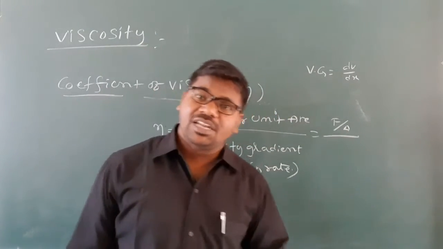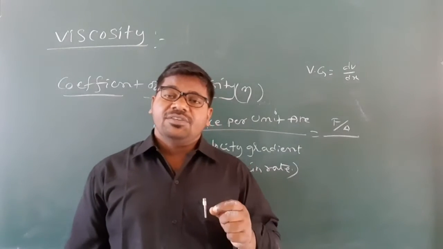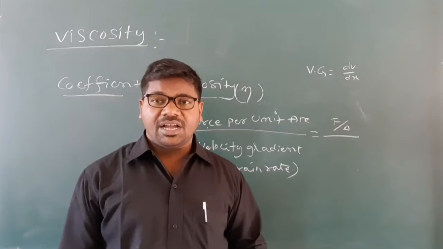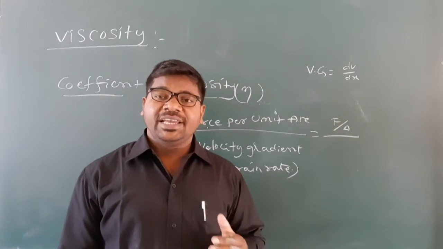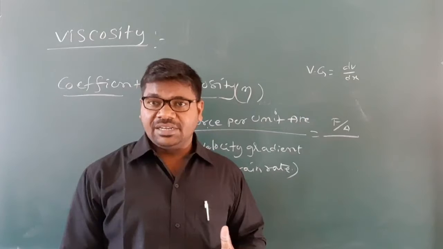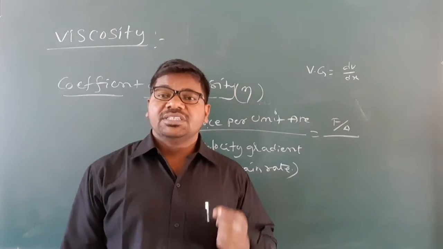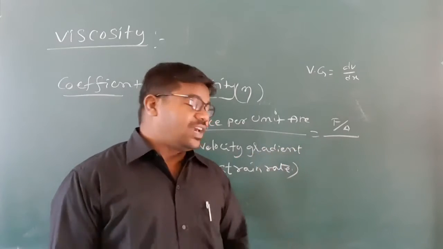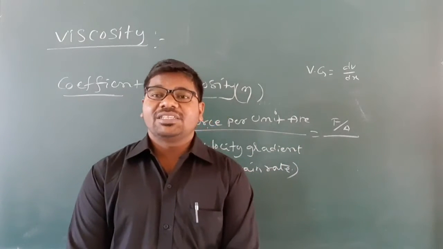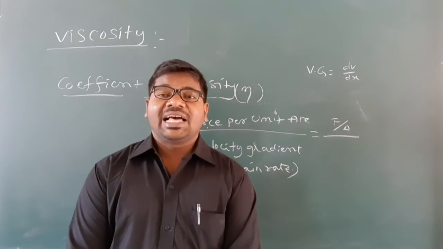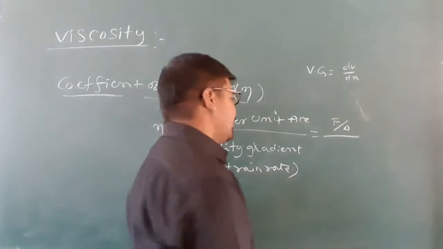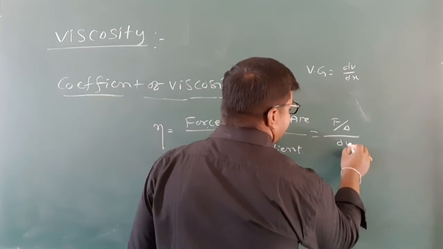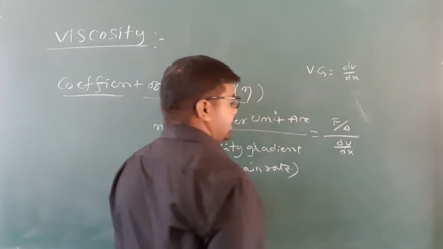So, my children, coefficient of viscosity is defined as the ratio of force per unit area to the strain rate, strain per unit time, or otherwise to the velocity gradient, dV by dx.